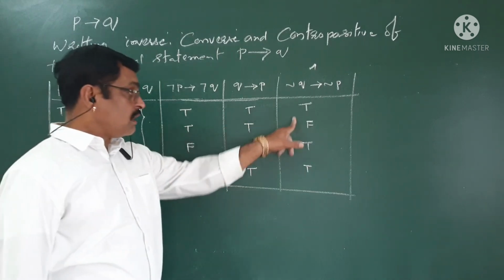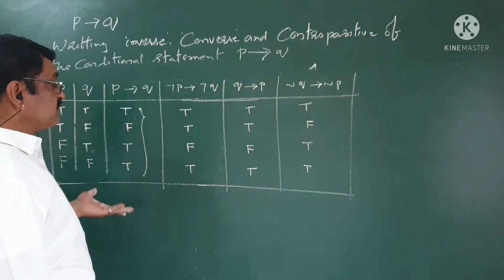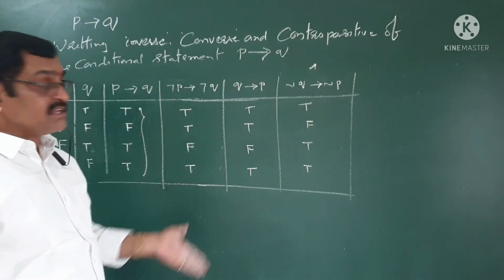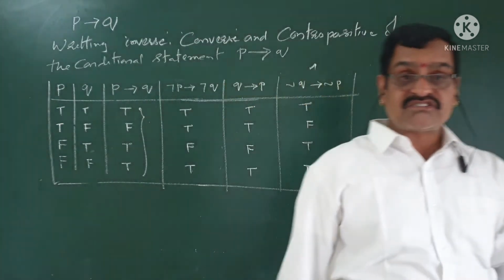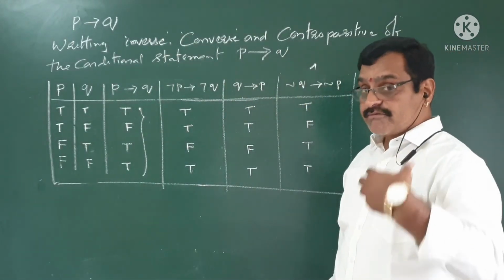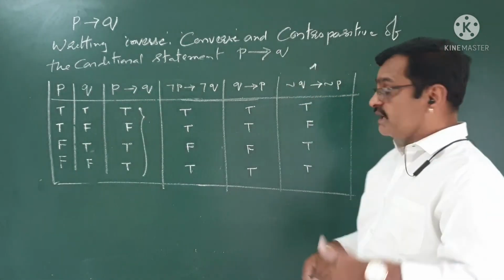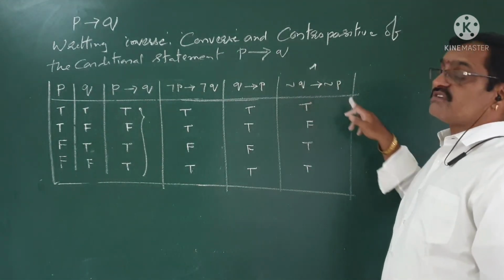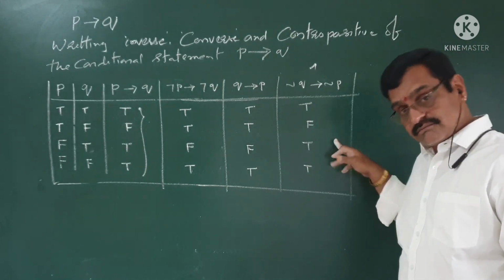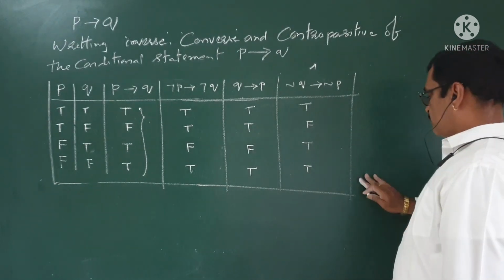That means proving P implies Q is the same as proving negation of Q implies negation of P. So whenever we feel proving the statement P implies Q is difficult, we go for this negation of Q implies negation of P. Yes, take it.